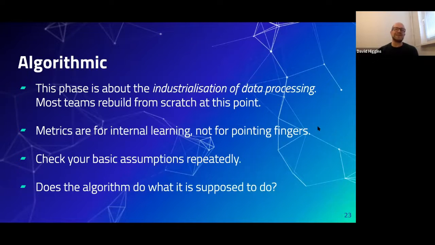I said in the first part, in form, that you should have metrics and formalize your hypotheses. I want to make it really clear that metrics here are not for holding people in your team to account. You run a risk if you do that, that ultimately people will hide stuff. I've managed many teams in this space.